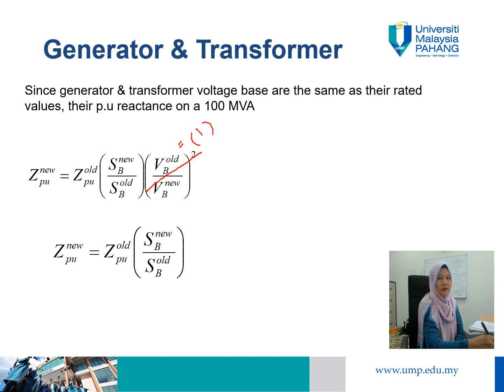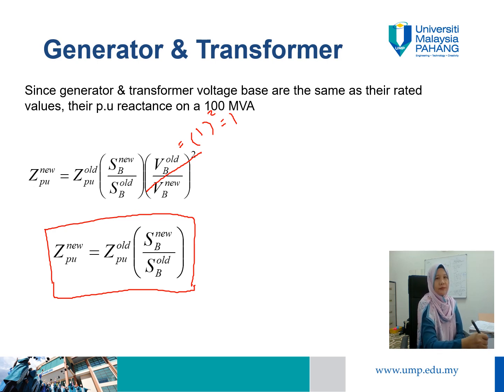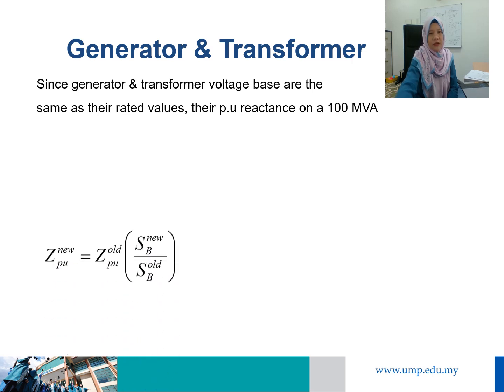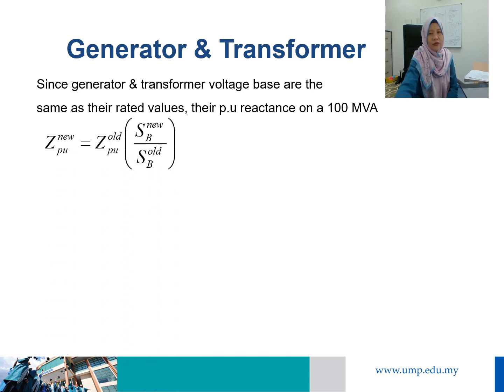One to the power of 2 is equal to 1, so we can cancel this part and use this formula: the new impedance in per unit is equal to the old impedance in per unit multiplied by the new base power divided by the old base power.